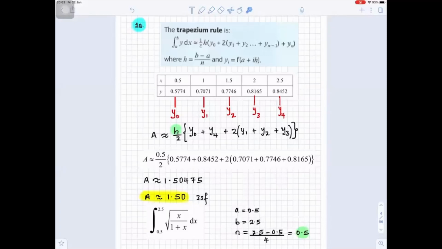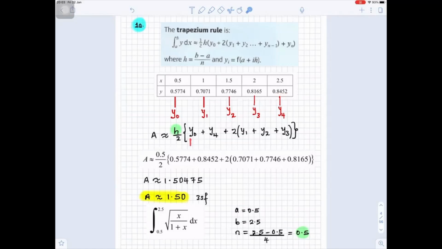So we're going to use the trapezium rule formula. I've put the formula at the top there. We identify the values y0, y1, y2, y3, y4, and use the trapezium formula: h divided by 2, curly brackets, y0 plus y4 plus 2 times y1 plus y2 plus y3. y0 is the first value for y, y4 is the last value.